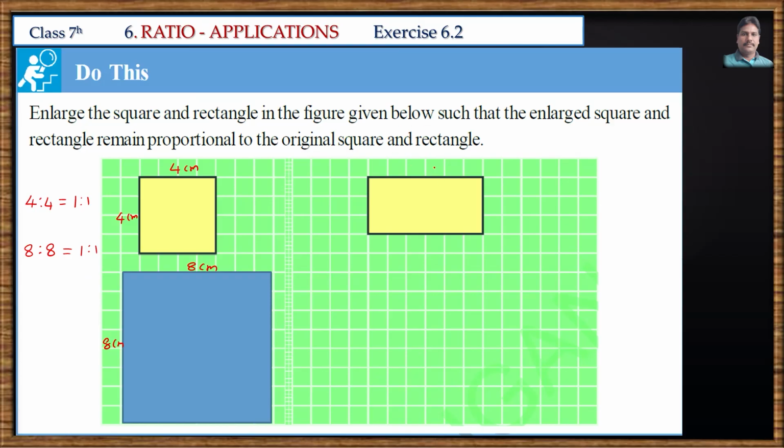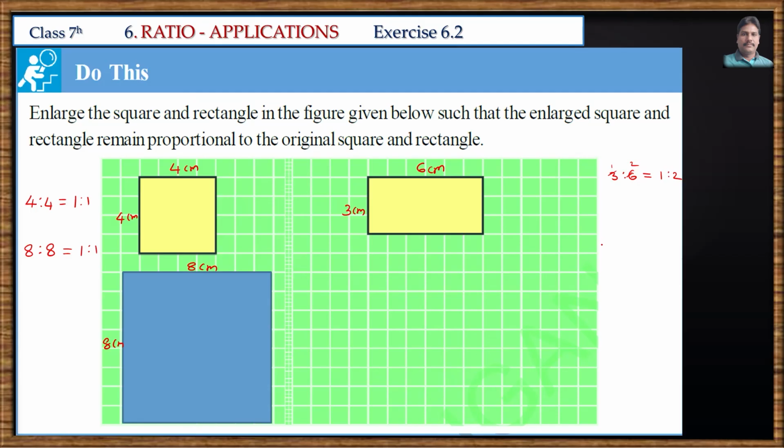Now, in this rectangle, the width is 3 centimeters and the length is 1, 2, 3, 4, 5, 6. So, the ratio is 3:6. That will be 3 ones are 3, 3 twos are 6. 1:2.